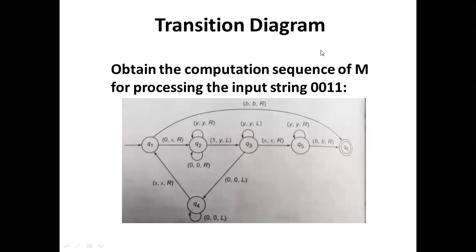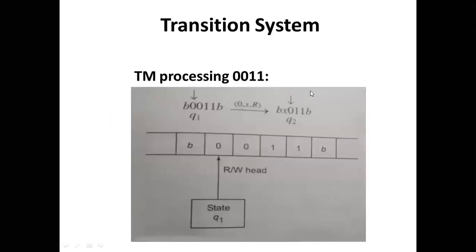Now we have to explain how the Turing machine processes 0011. Suppose we are in the Q1 state and read the input 0.